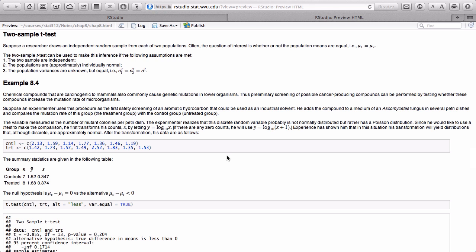And so we have an example here, and this deals with mutations. Basically, if I had a chemical compound and I was concerned about worker safety, and workers are using this chemical compound, I want to know, does it cause a genetic mutation, which would not be good for the workers.